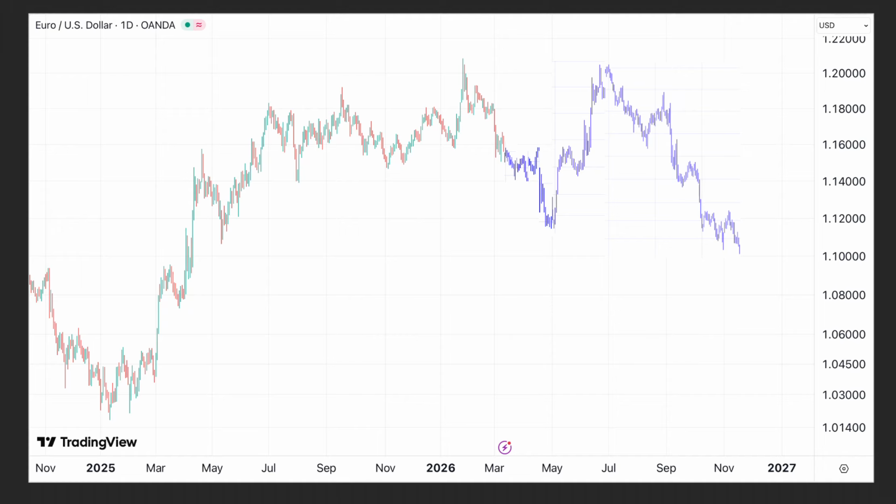Could it breach it? Possibly. If it does, it's probably going to 1.22, which is fine. But in the end, it's going to see a retracement back to this support level, back to these levels.